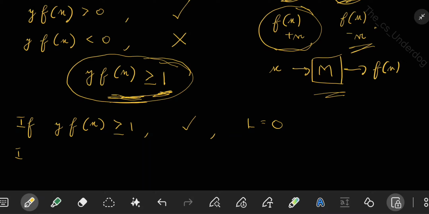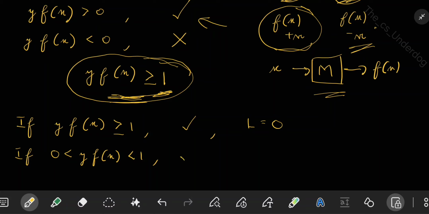What if it is lesser than 1? If 0 is less than y into f of x less than 1, that means y into f of x is a value between 0 and 1. What does this mean? I already told you, if it is greater than 0, already the prediction is right.